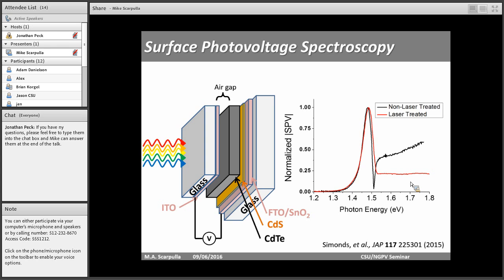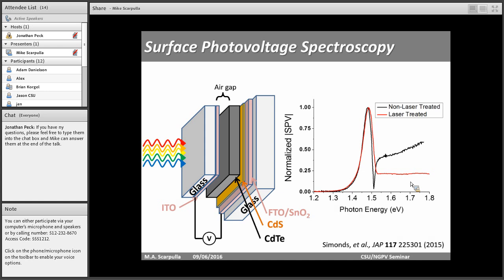So we can conclude that the sub-band gap signal between, let's say, 1.35 and 1.5 eV was coming from something other than band-to-band absorption. We showed in the paper that it was due to some defect-related absorption at the front surface. Oh, I'm sorry, I misspoke that.